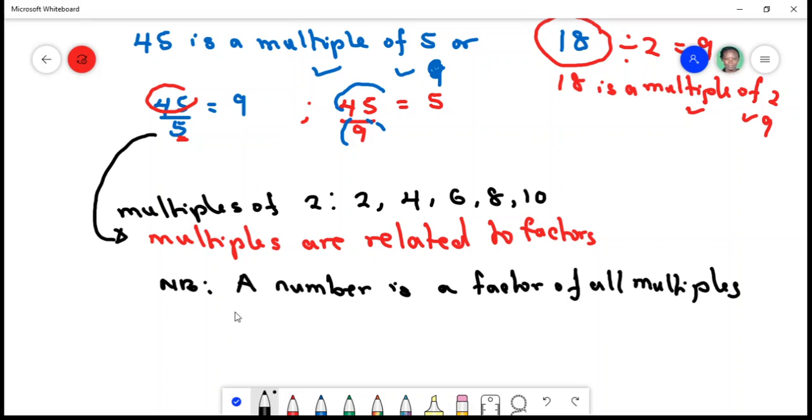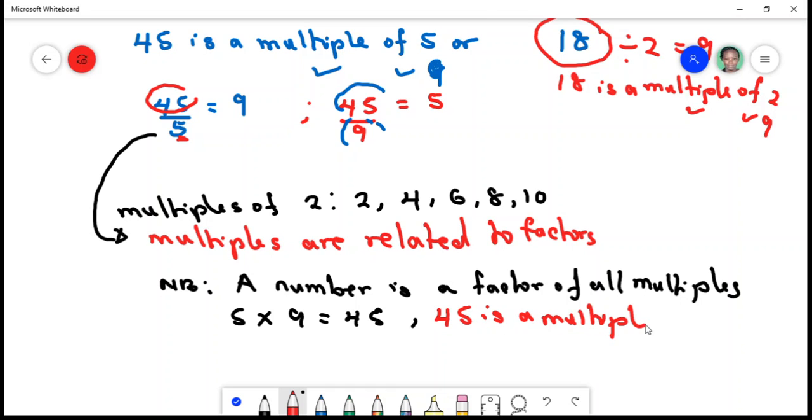So like our 5 times 9, which is equal to 45, you realize that my 45 is a multiple of 5, and our 5 is a factor of 45.